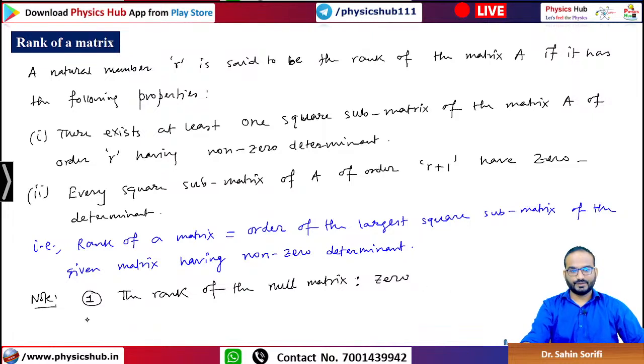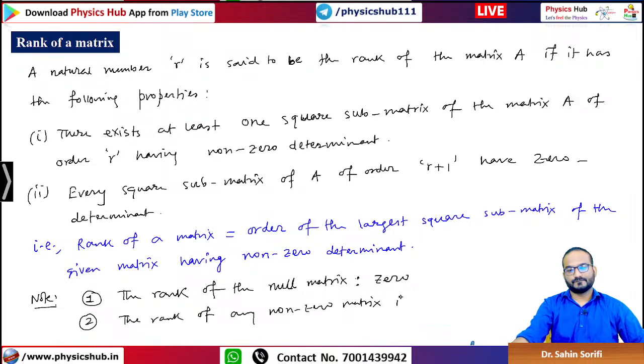The rank of any non-zero matrix is greater than or equal to 1. If there is only one element, the rank will be 1.